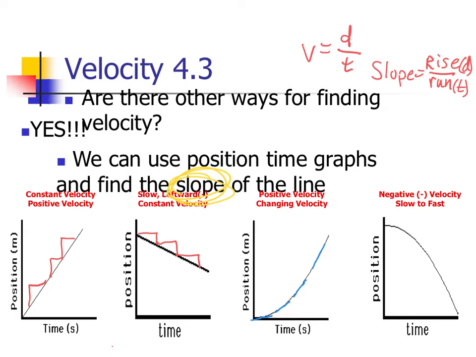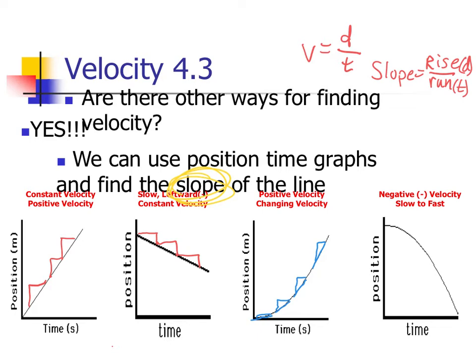Here the rise would be very small, but the run would be a lot. Here we see the rise is a lot and the run stays fairly constant. Here the rise is a lot more and a lot more, meaning that the slope of the line, the rise over the run, is changing. It is changing its velocity, which means it's either speeding up or slowing down.